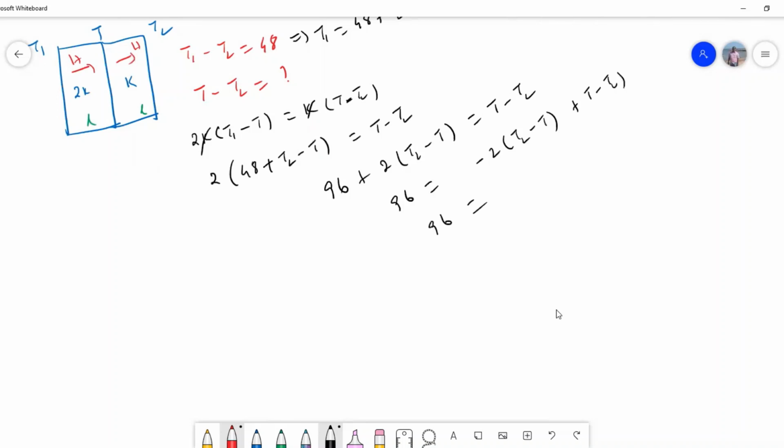Or 96 becomes 3 times T minus T2. So ultimately, T minus T2 is equal to 96 by 3, nothing but 32 degrees centigrade. So this is the difference of temperature across wall B.